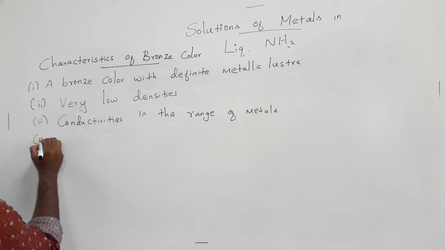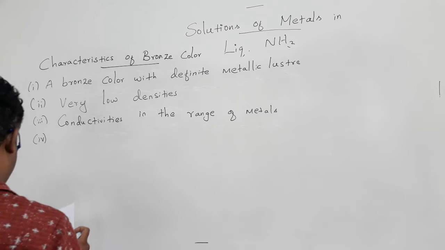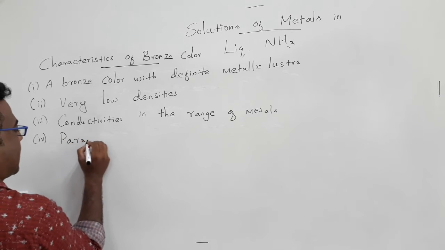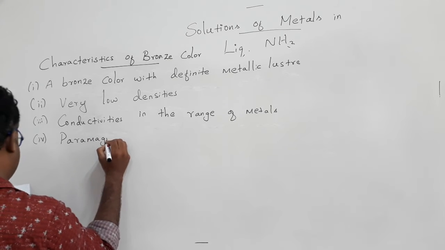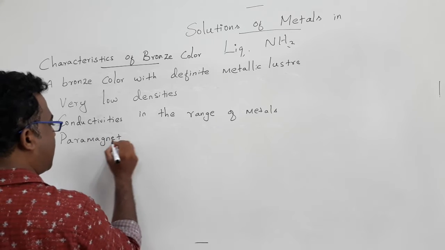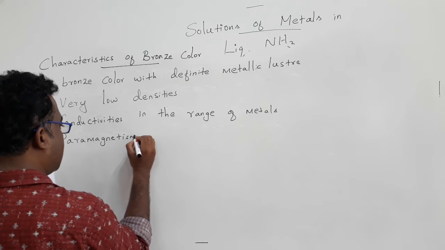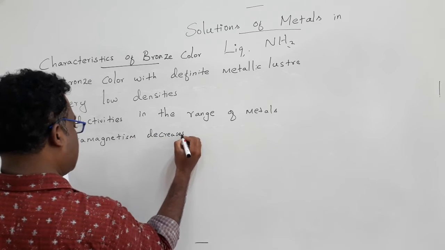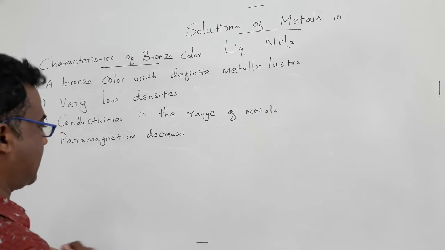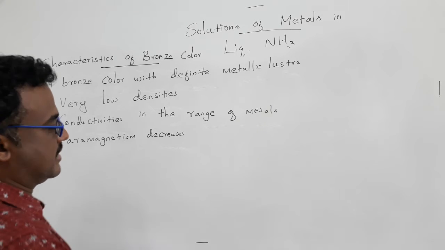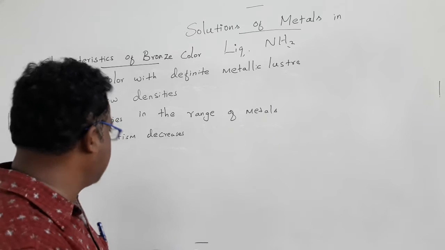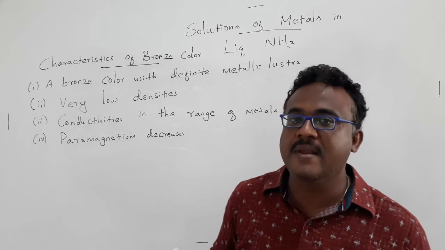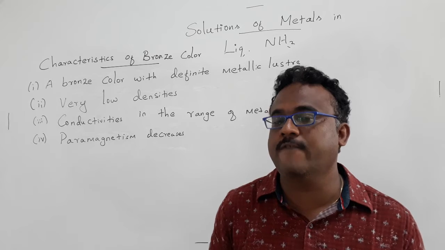Fourth one, paramagnetism decreases. And then the fifth one is magnetic properties, which are very close to those of metals.